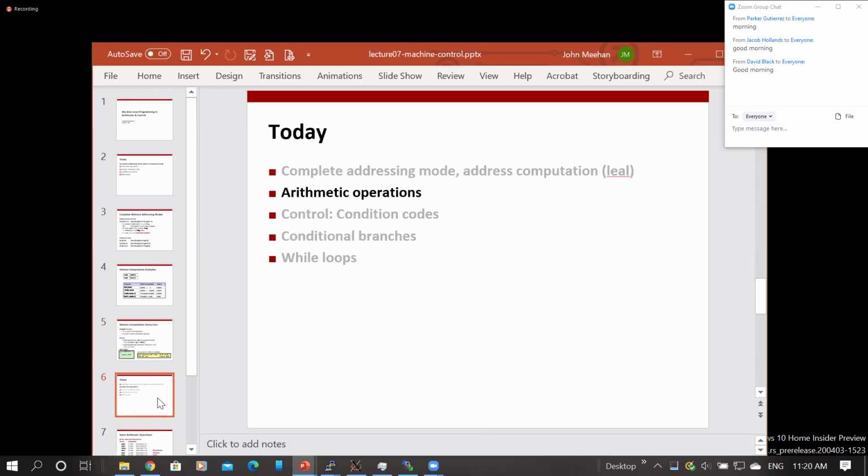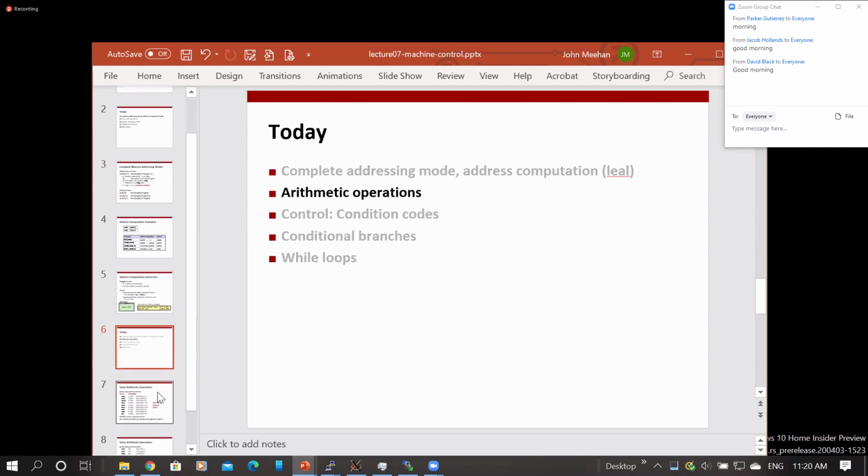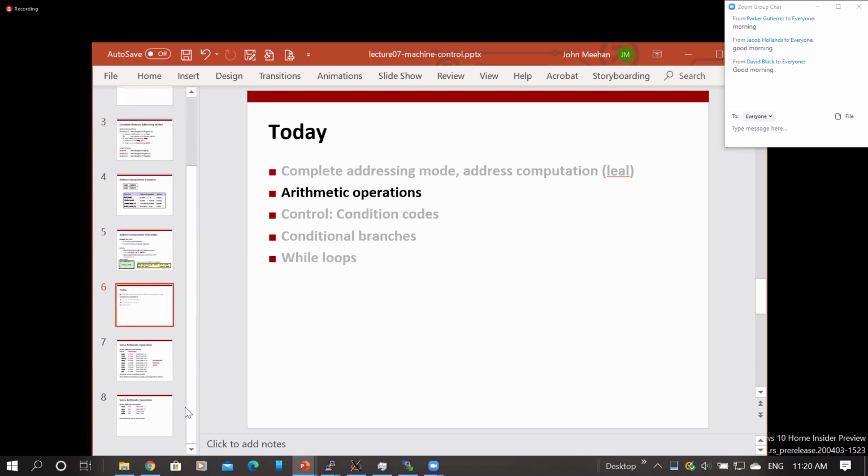So now we want to look at some arithmetic operations on the computer. How do we do some arithmetic operators? What are the assembly language mnemonics for them? Each of these corresponds to an operation that the computer can implement directly.